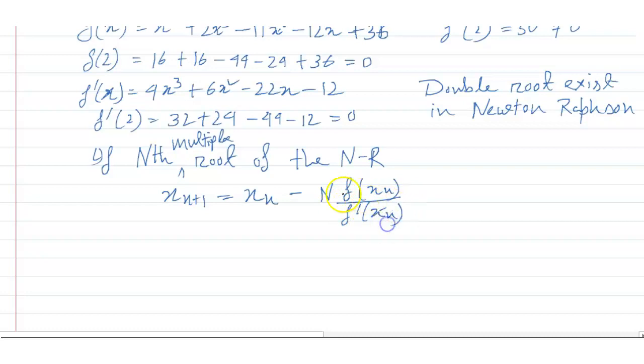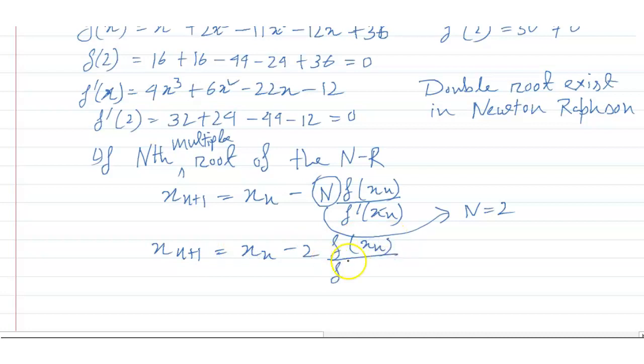So friends, you will see that here n is the multiplicity. Here a double root exists, so n equals 2. So if x(n+1) equals xn minus 2 into f(xn) divided by f dash (xn) exists, then the order of convergence is 2.